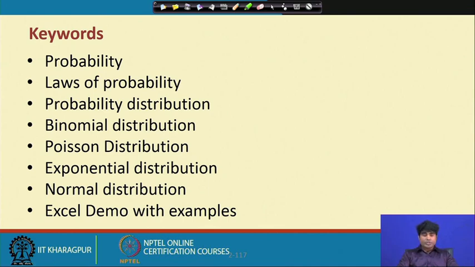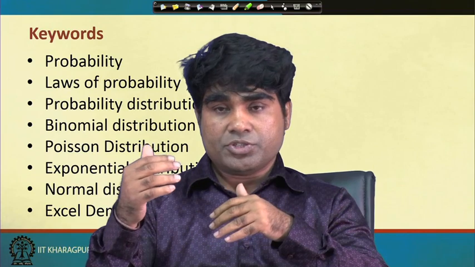So, in this unit we have discussed various concepts of probability and the rules of probability, various theorems behind probability, then probability distributions, and we have discussed binomial distribution, Poisson distribution, exponential distribution, and normal distribution. And I have already discussed how these distributions can be applied, and how every distribution is followed by a particular mass function.